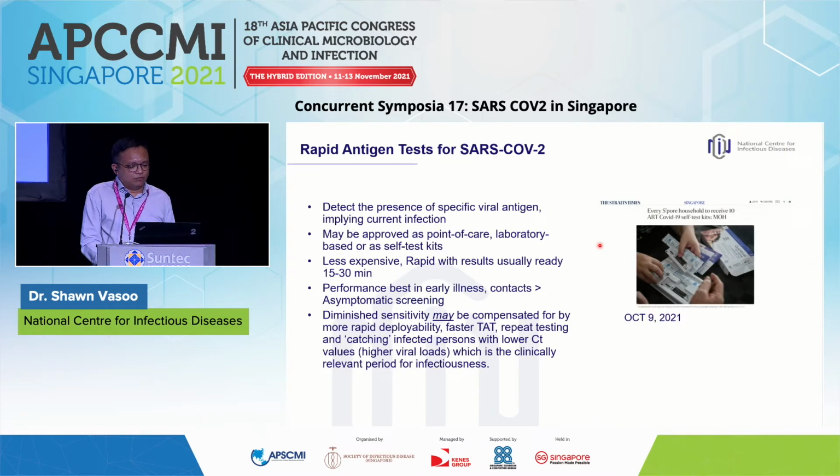So here we move on to talk about rapid antigen tests too. I think there have been advocates and people who are not so for rapid antigen tests. I think this has evolved in the whole pandemic.